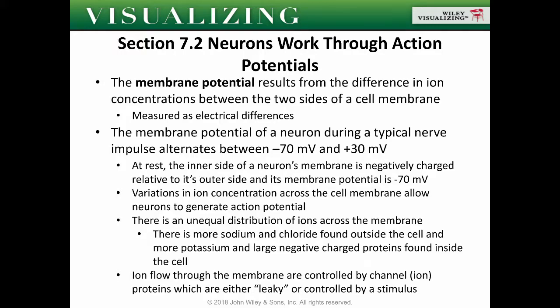The membrane potential of a neuron during a typical nerve impulse alternates between negative 70 and positive 30. The resting membrane potential, on the inner side, is negatively charged, at negative 70 millivolts.